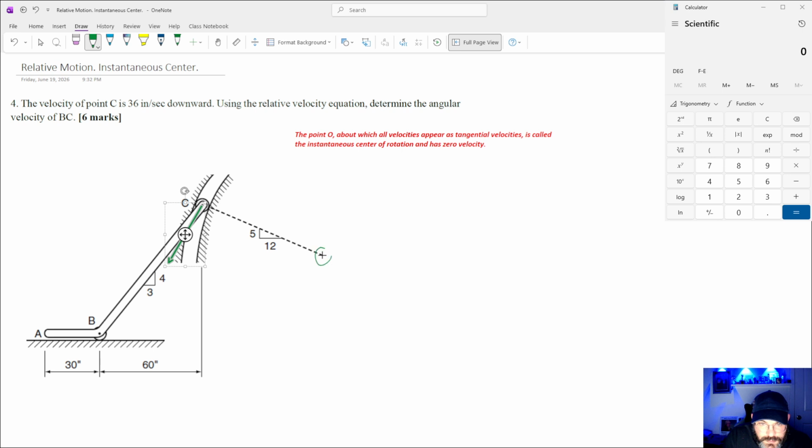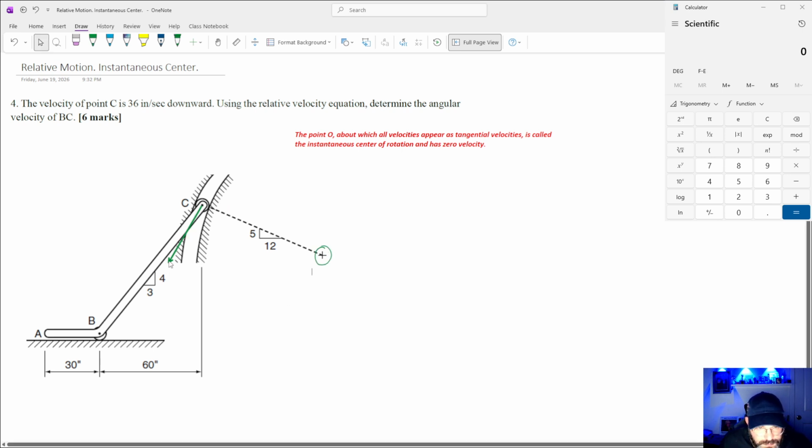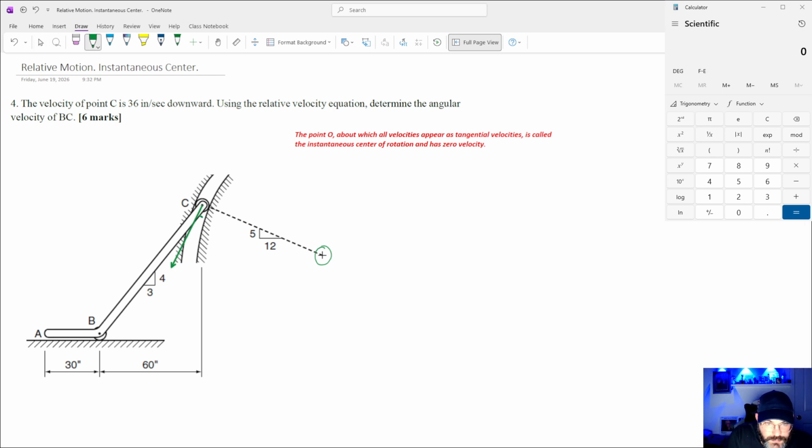This is the usual notation of the circle center. So this is going to be perpendicular to this, and this is our velocity c. We also know the magnitude of this velocity.